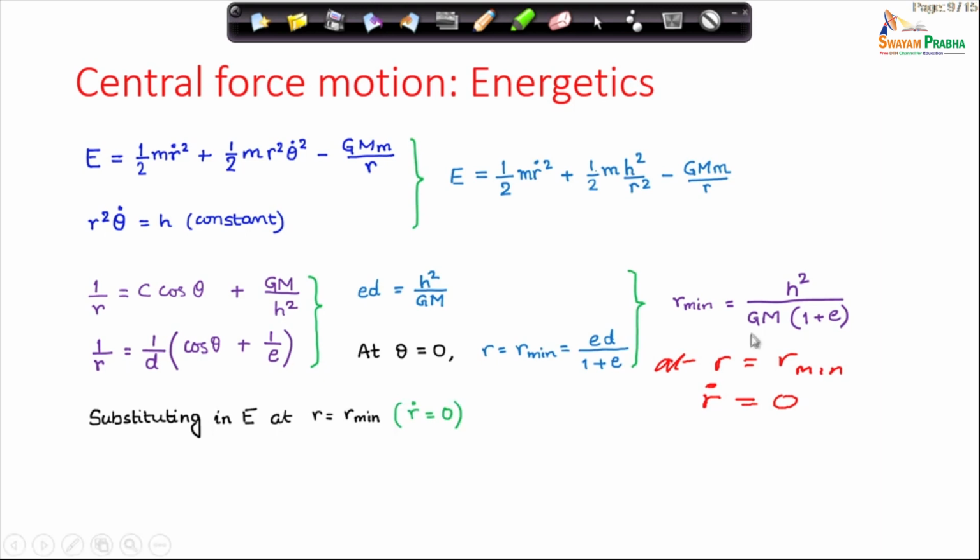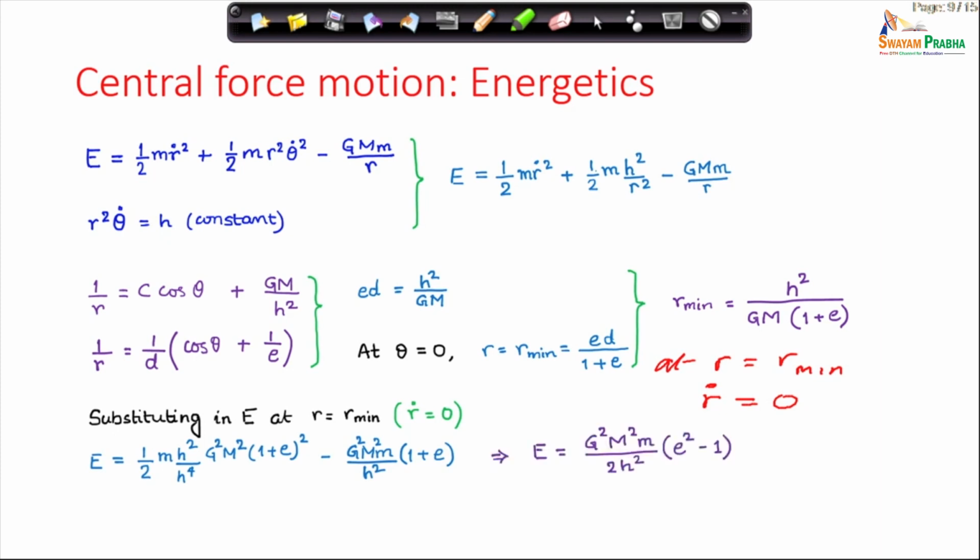Substituting all these things in the expression of E at r equal to r min and r dot equal to 0, I can find out the energy at r min, and because this is constant, this is going to be the energy of the particle at any location.